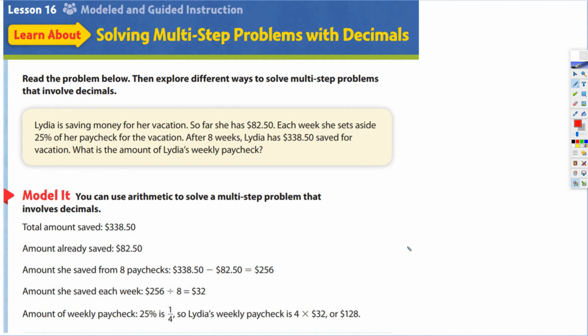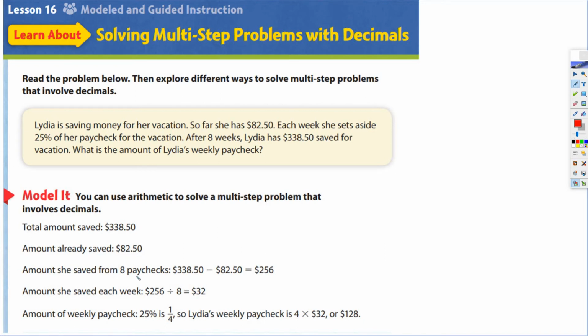Well, let's model it. You can use arithmetic to solve a multi-step problem that involves decimals. So the total amount that she has saved is $338.50. That was given. Amount already saved is $82.50.